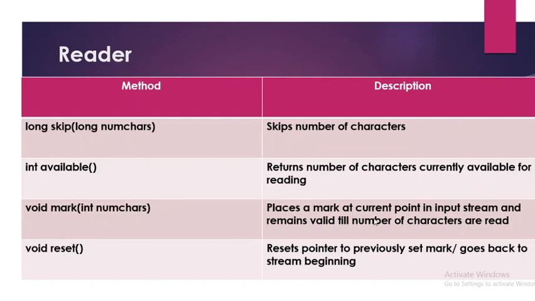That means whatever stream we are reading, at the current position where you are reading, or the pointer you are on, at that place it puts a mark, and whatever argument you pass, if it is 10, that means up to reading 10 characters, that mark or your bookmark will remain in your stream. If my argument is 50, up to reading 50 characters, the bookmark will remain in your stream. So this is just like a bookmark.